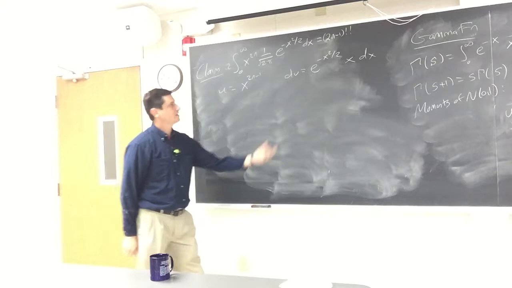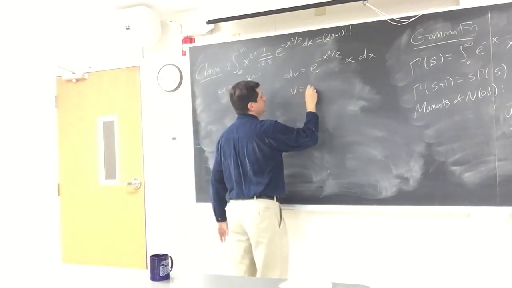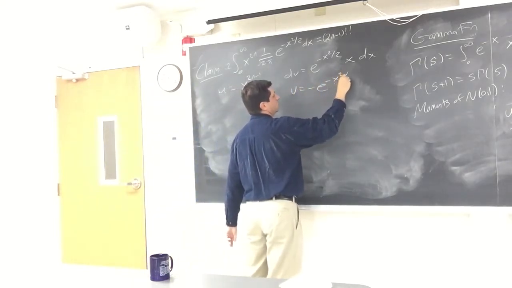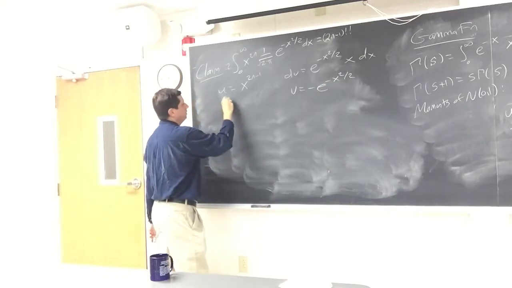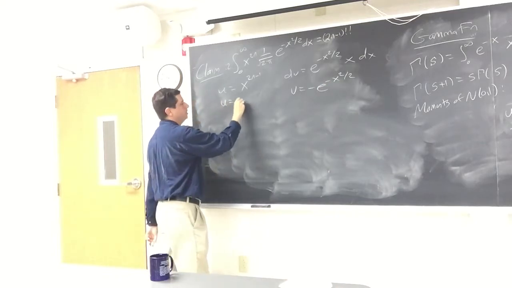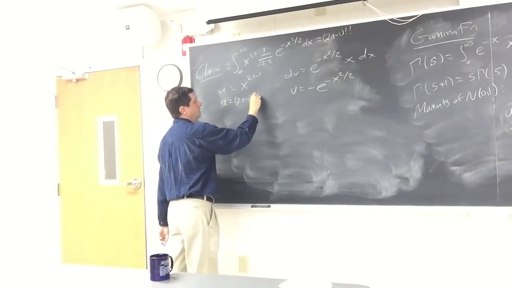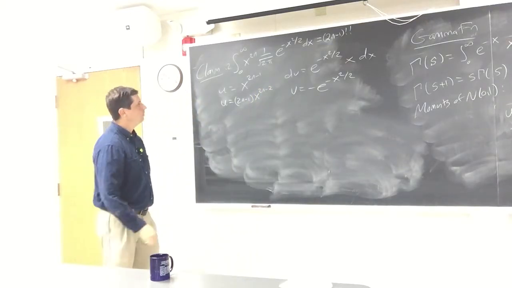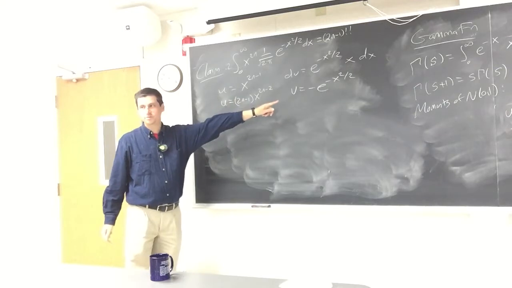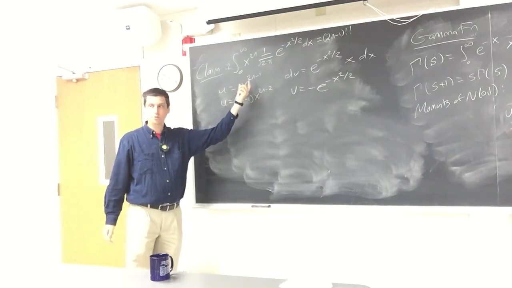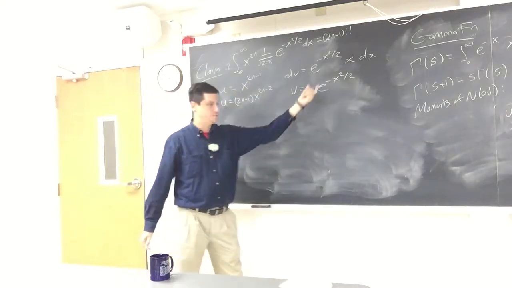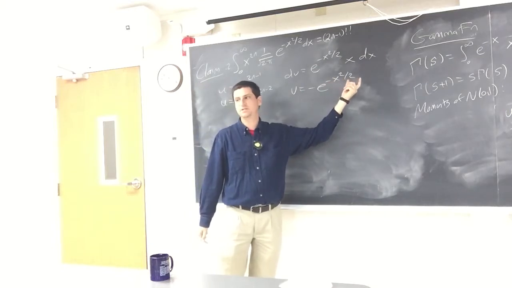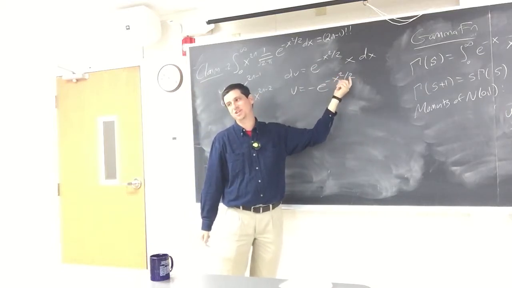And by borrowing that x, now you can say v is negative e to the negative x squared over 2 and u is going to be 2n minus 1 times x to the 2n minus 2. So now you've got your uv, your boundary term vanishes because polynomial growth, exponential decay beats polynomial. In fact, this is beyond exponential decay.